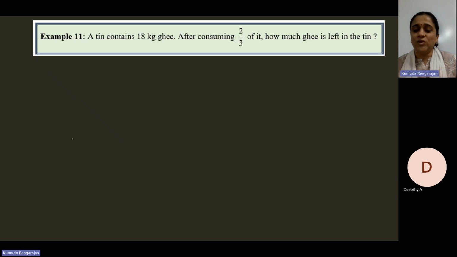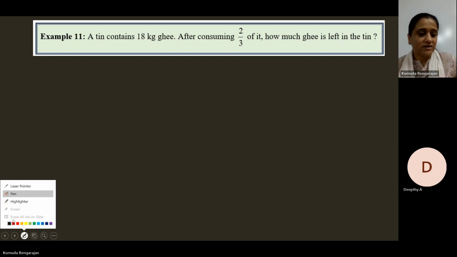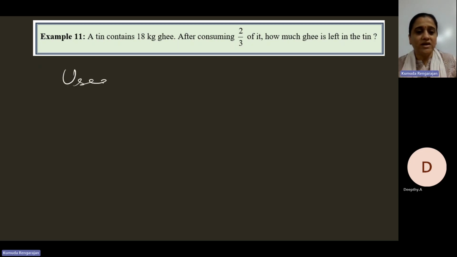Very good. So used is 2/3. What's the fraction corresponding to used? 2/3, after using up for cooking. How much have you used? 2/3.